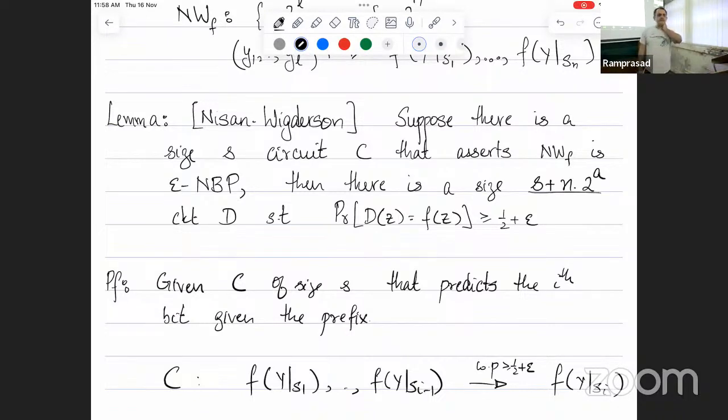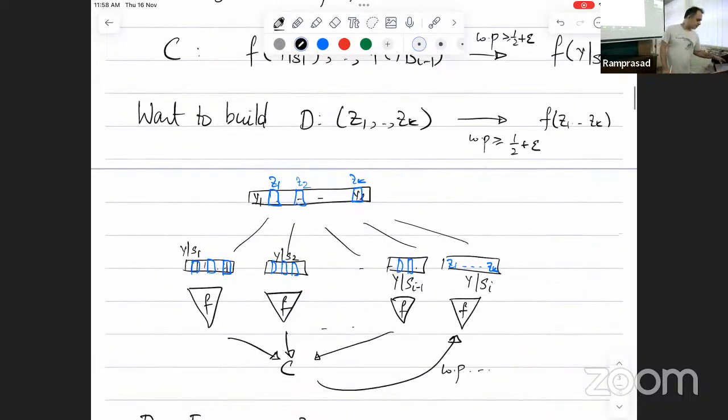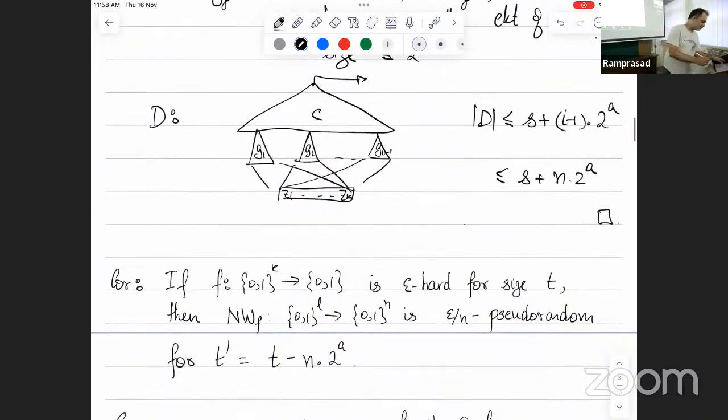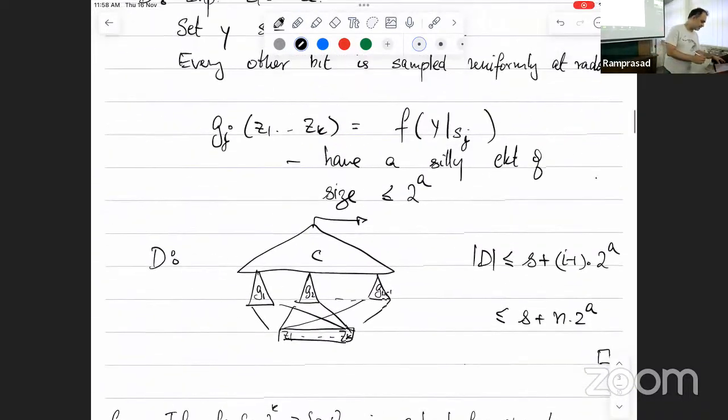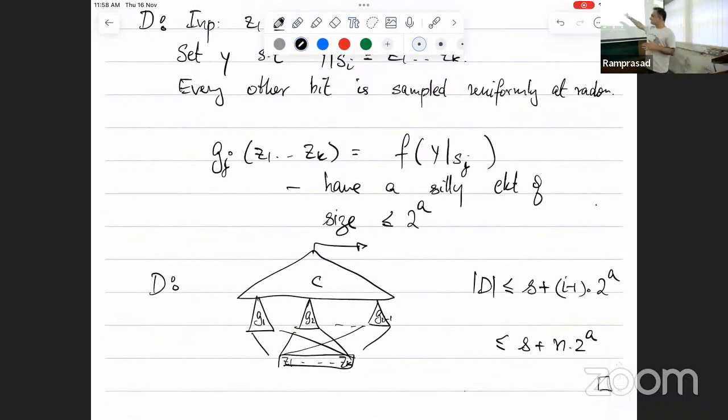Because C is predicting the next bit, the next bit it is supposed to predict is in fact exactly f of y restricted to Si, and that is exactly f of Z1 through Zk. So whatever C is supposed to predict is what D wanted to compute anyway.